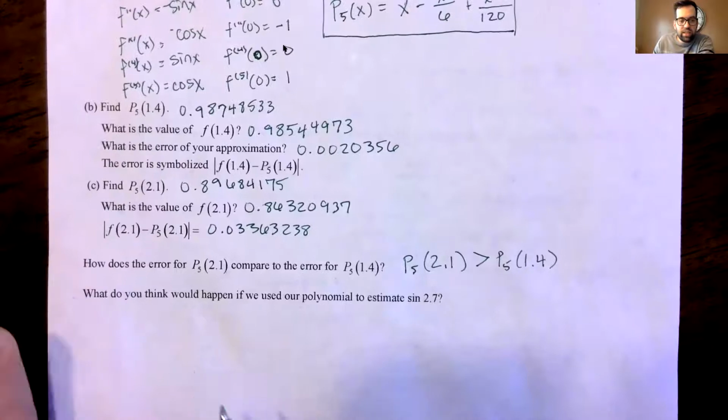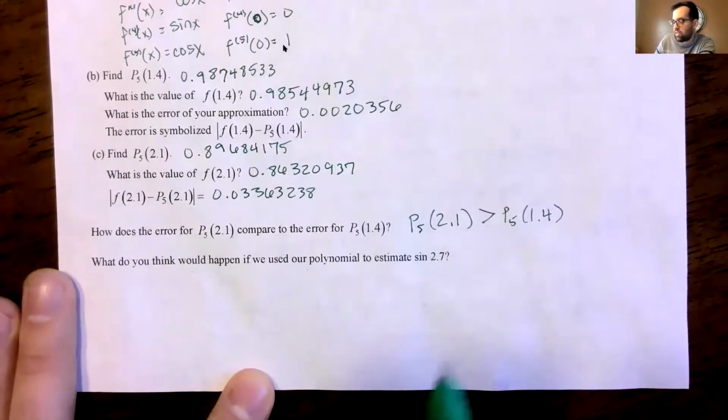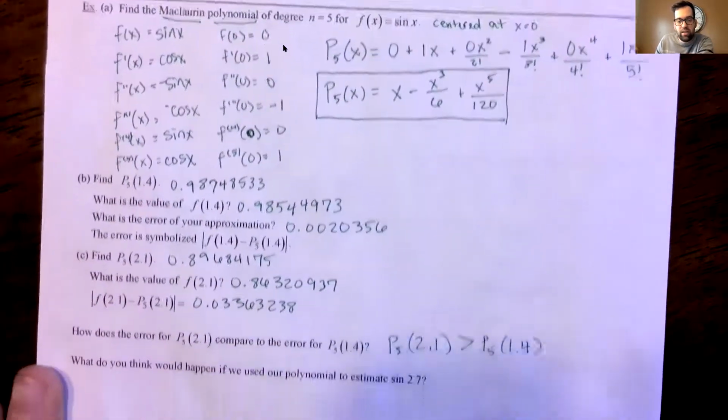So what do you think is going to happen if we used our polynomial to estimate the sine of 2.7? Remember, sine is our function that we're approximating here.